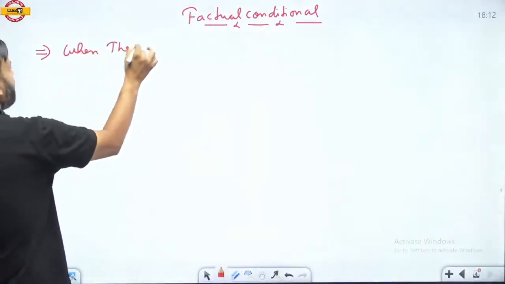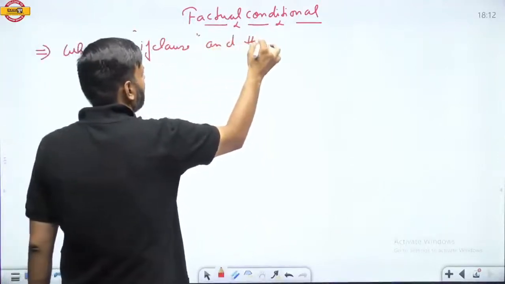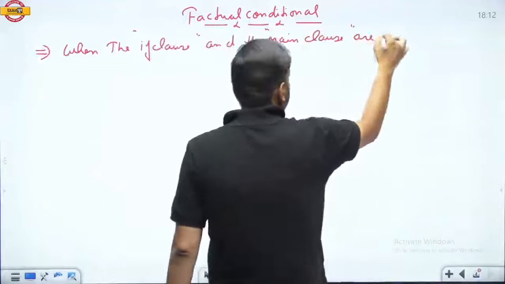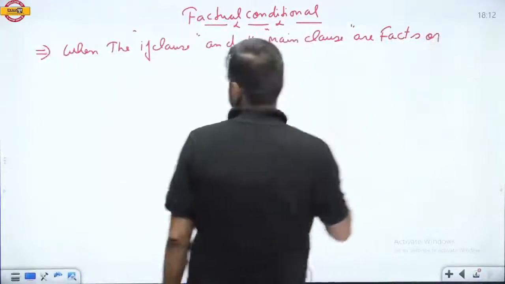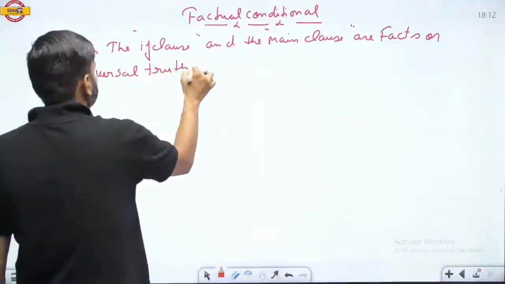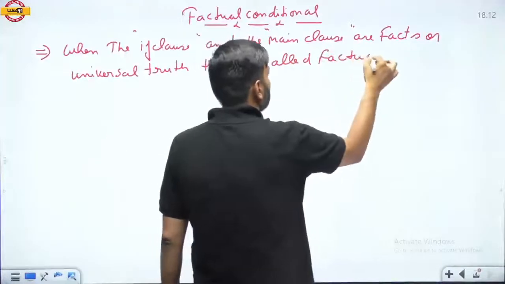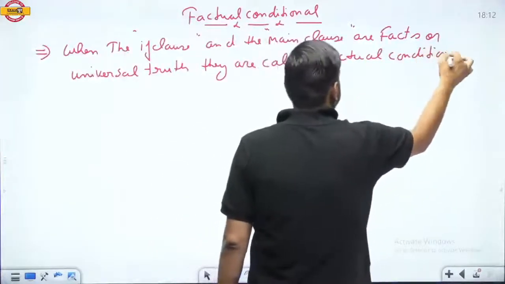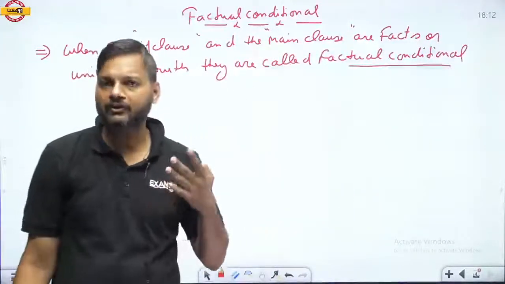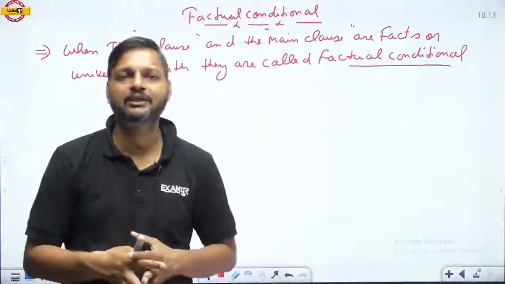When the if clause and the main clause are facts or universal truths, they are called factual conditionals. When the if clause and main clause both are facts or universal truths, it is a factual conditional. Together they form a factual conditional sentence.